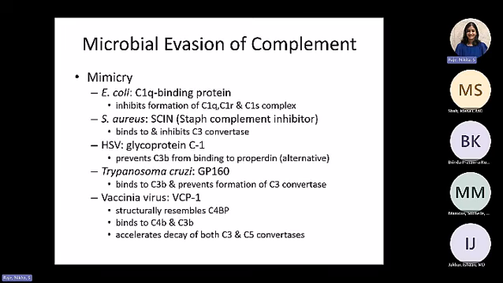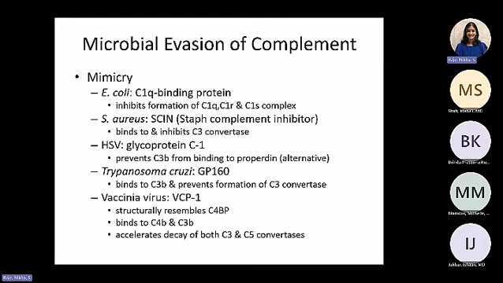And then there are some microbes that act like complement. They have proteins that act like complement proteins. So E. coli has C1q binding protein. It inhibits the formation of this whole complex, C1 complex. Staph aureus has staph complement inhibitor that binds to and inhibits C3 convertase. HSV has this glycoprotein C1 that prevents C3b from binding to properdin.